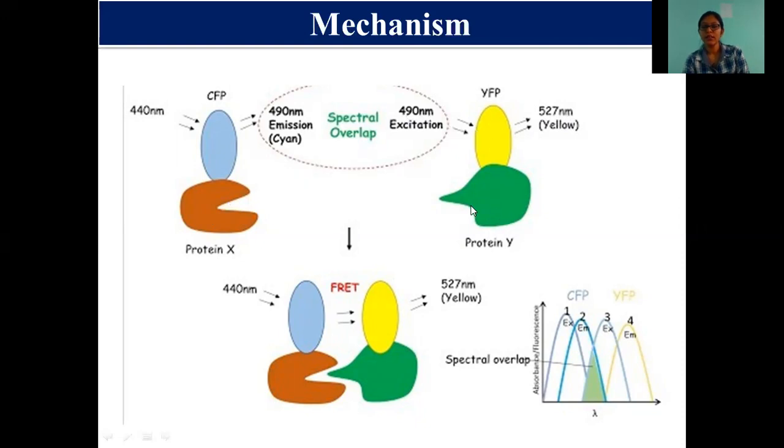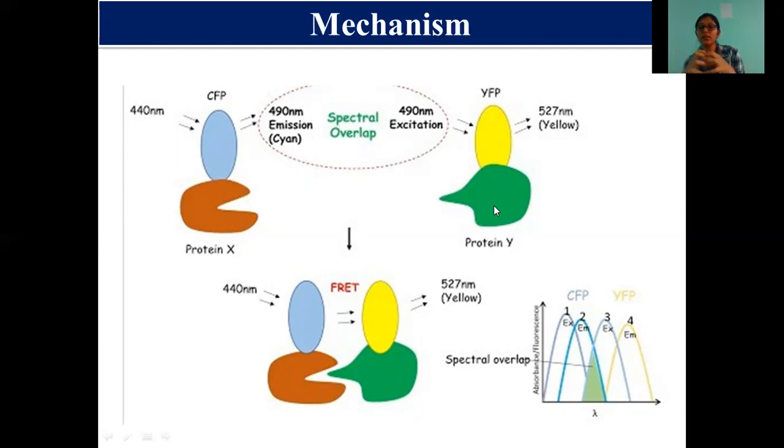and this fluorescent molecule is labeled with protein Y. So here we need to study where the interaction takes place between protein X and protein Y. If any kind of interaction takes place between these two proteins, it means that protein X and protein Y come close together.